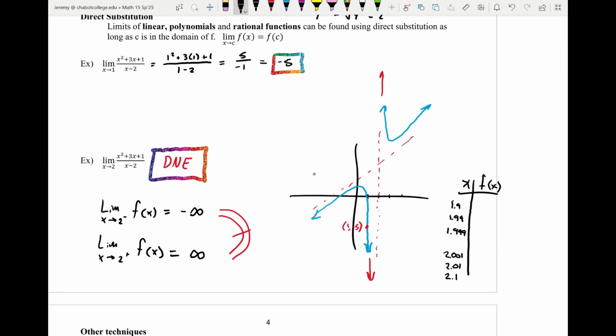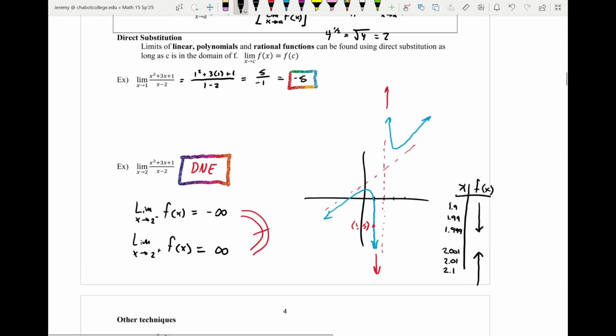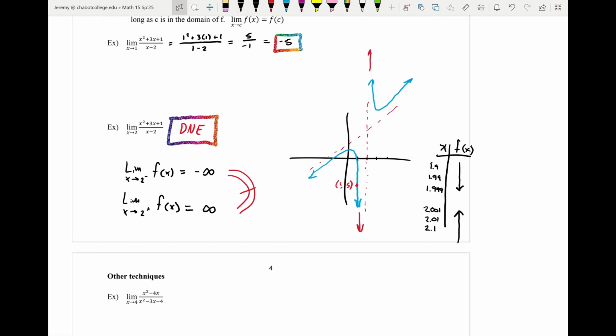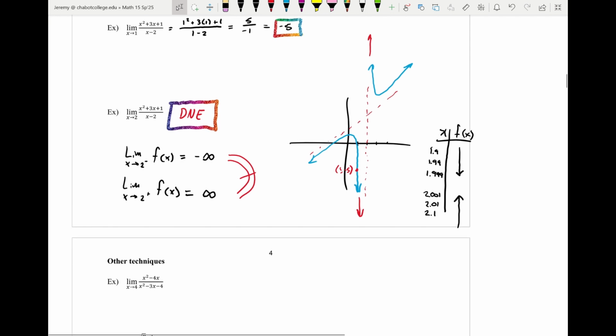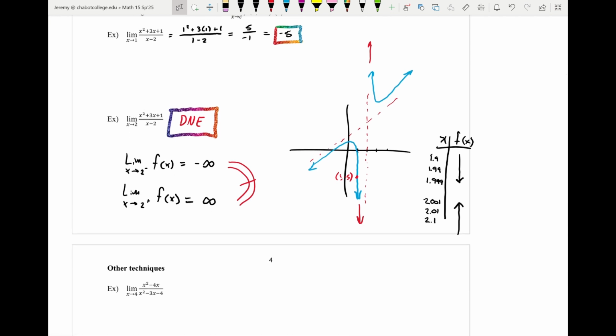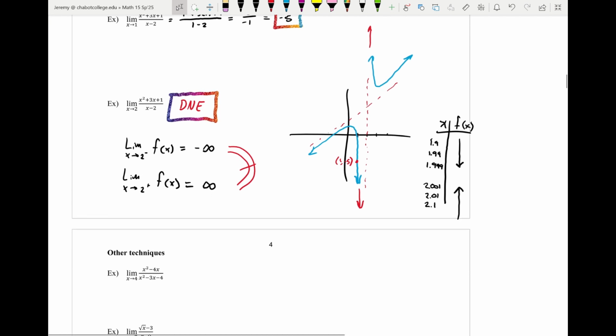You would have seen numbers getting really, really large in the negative direction for those x values approaching 2 from the left, and you would have seen it going towards +infinity if you were plugging in 2.001 and so on. But from that, and also just our understanding of rational functions, we see that the limit does not exist there.